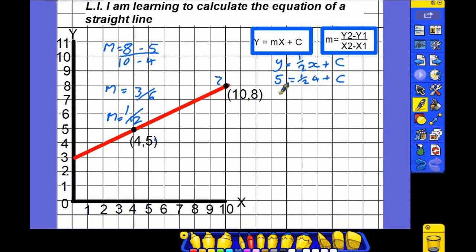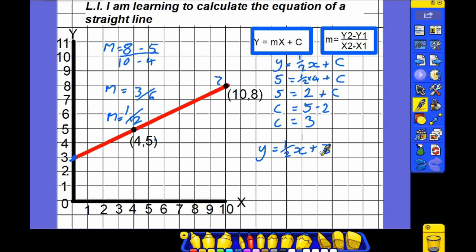So 5 equals, well, a half times 4, that's 2 plus c. So c must equal 5 minus 2. Therefore c equals 3. And right enough, that's exactly what we see here. So our equation for this straight line is y equals a half x plus 3.